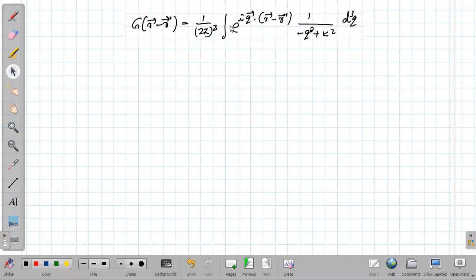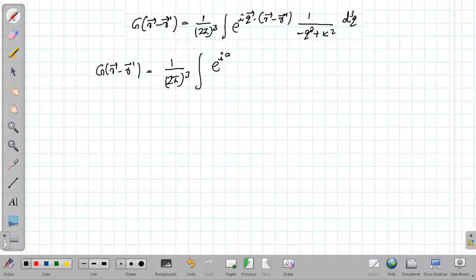Okay, in order to integrate this expression, we can use the spherical coordinate system. So the Green's function g of r minus r prime can be written as 1 by 2 pi cube integral i q dot r minus r prime. Okay, let us define the angle between q and r minus r prime as theta.